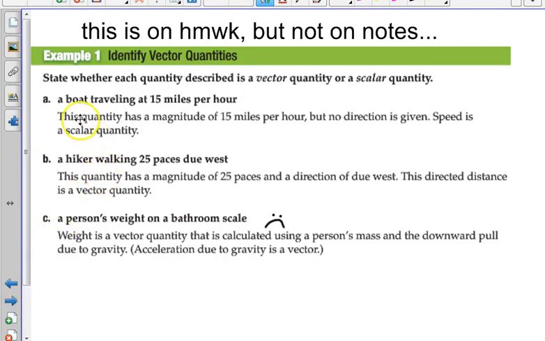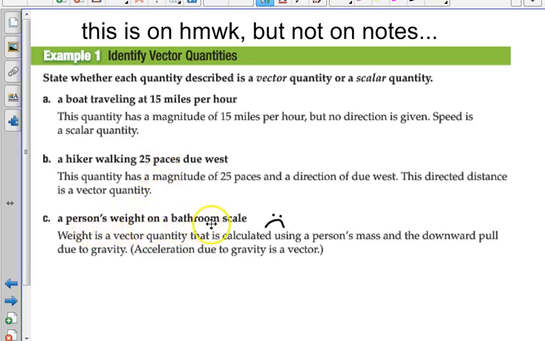So real quick, a boat traveling 15 miles an hour, vector or scalar? Scalar, because there's no direction given in that problem, right? A hiker walking 25 paces due east. It is a vector. Paces are kind of an odd label, but it is some kind of a magnitude.